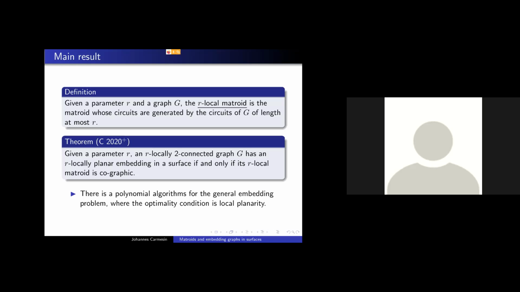And by this paper of Carmesin, which I mentioned earlier, by this difference in complexity, it cannot be true that every maximally locally planar embedding has minimum genus. But Carmesin proved that if in a maximally locally planar embedding all the phase boundaries are short, then it must be of minimum genus.